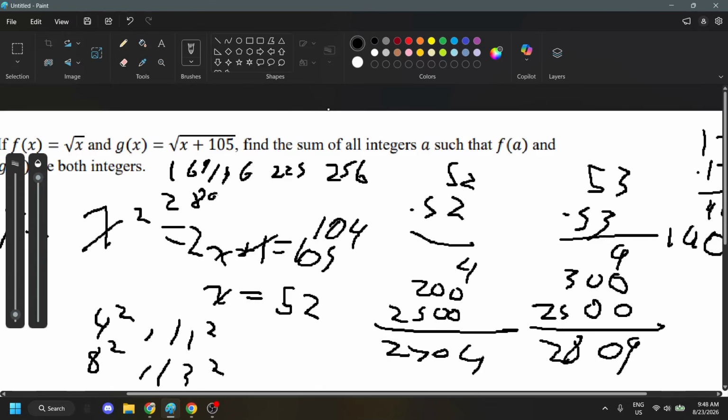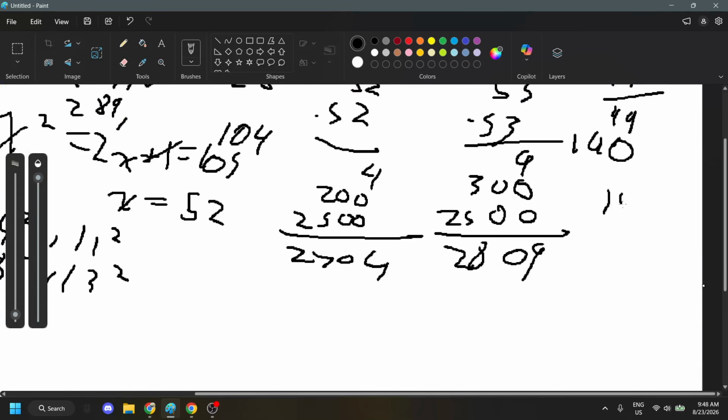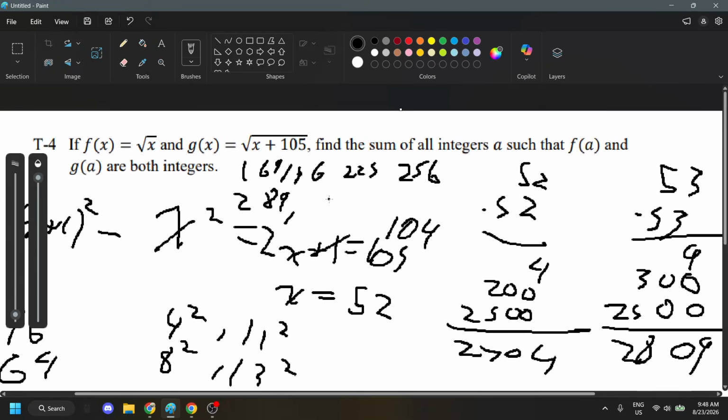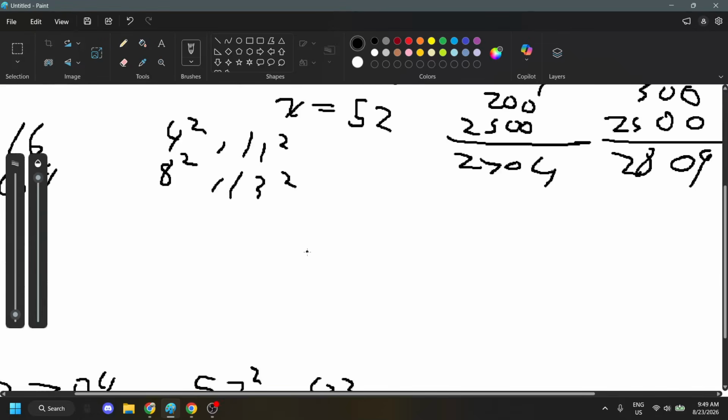Or sorry, 9 gives us 14, is 119, which is again not a square. So we're just skipping a whole ton right here.